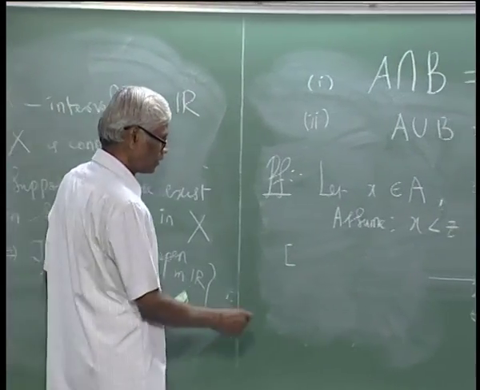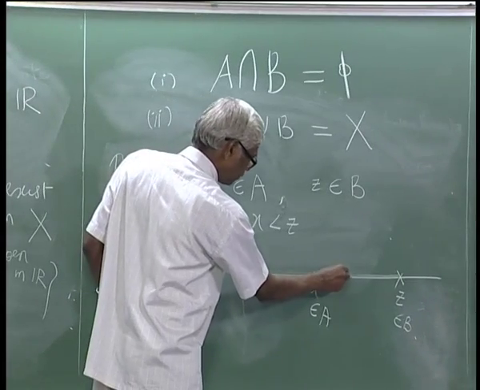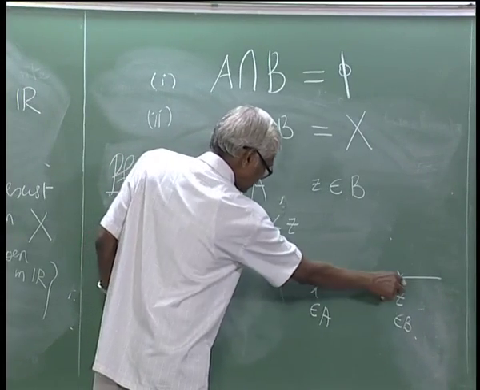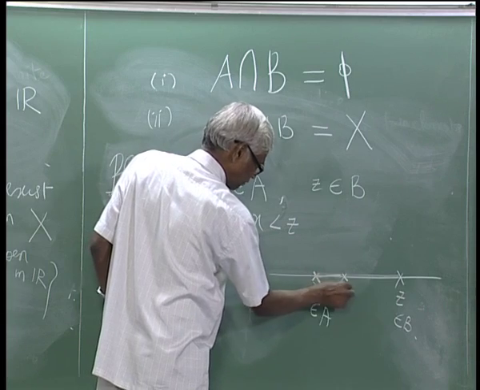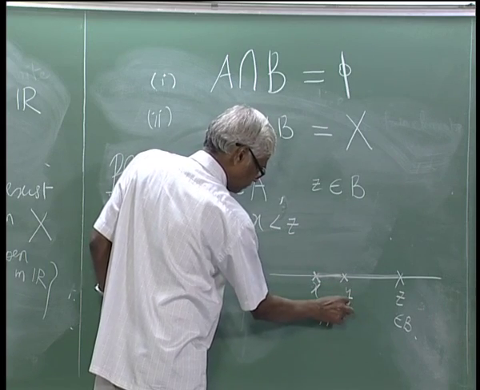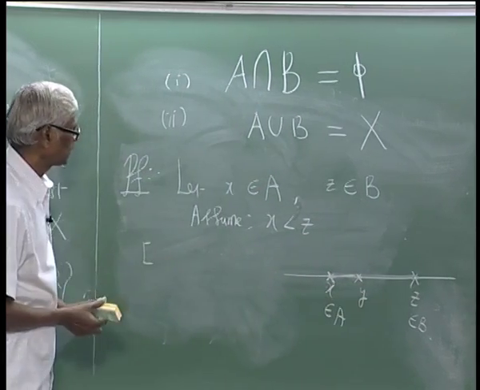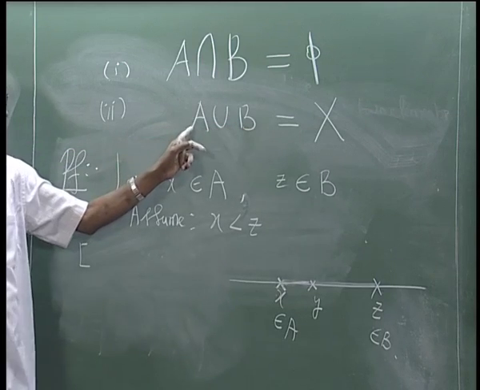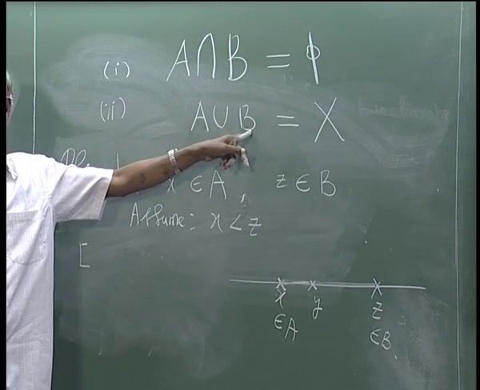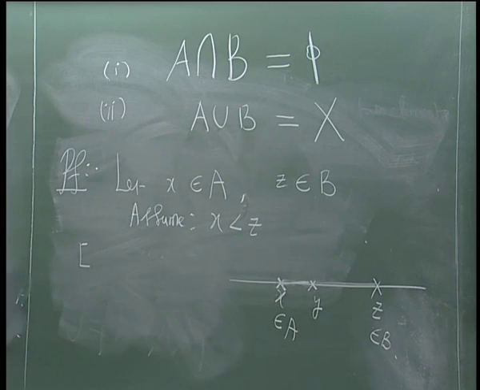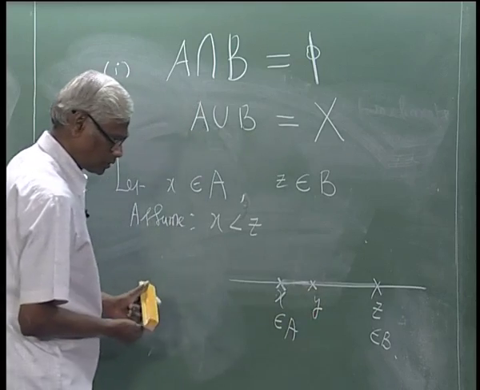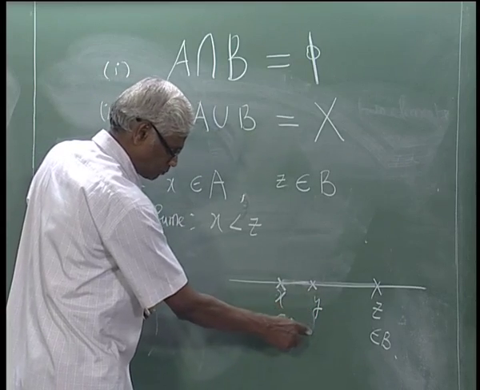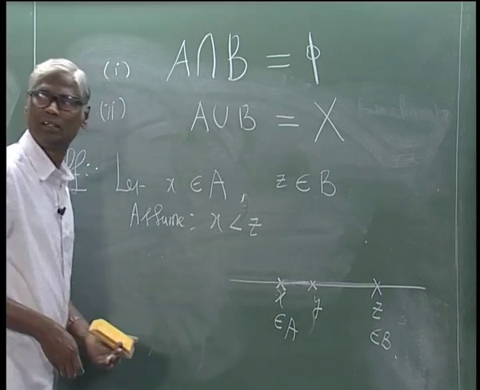So if we take any point between x and z, because it is an interval, that will belong to capital X. Capital X is nothing but A union B. So that element is either in A or in B.